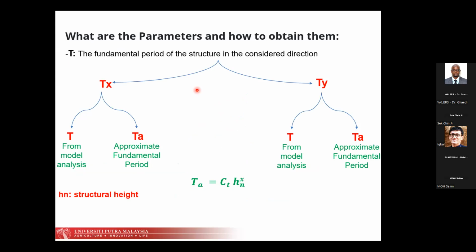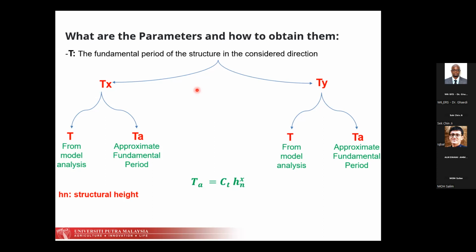In structural dynamics classes, we know what T is and how to calculate T. But here we should differentiate between many things, because we usually apply the seismic force in 2 independent directions. We will have a seismic force applied in the X direction, and independently one in the Y direction. So we will have a period for the X direction, and a period for the Y direction.